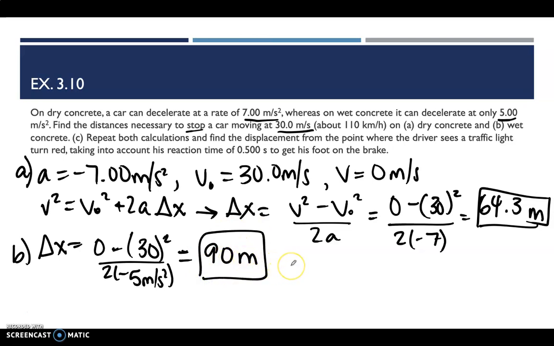Okay. So let me reiterate this. We have a car and we're going 30 meters per second. On dry concrete, we can decelerate our car in 64 meters. On wet concrete, so when it rains, it takes 90 meters now to stop that car.